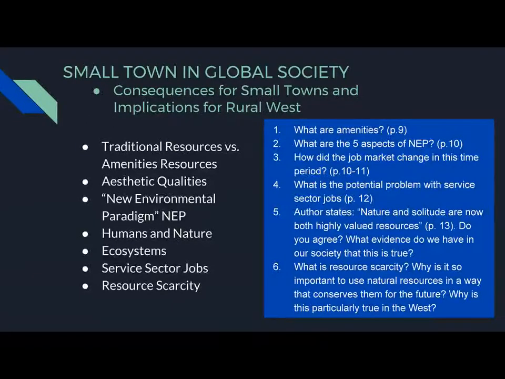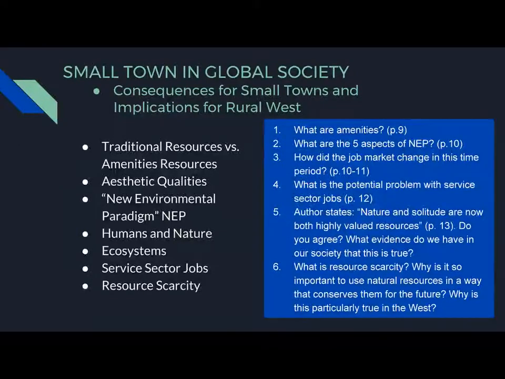And then you have your questions here. What are amenities? What are the 5 aspects of NEP, the new environmental paradigm? That's on page 10. How did the job markets change in this global society? What are the potential problems with service sector jobs for rural towns? And then we have a quote here about nature and solitude are both highly valued resources.